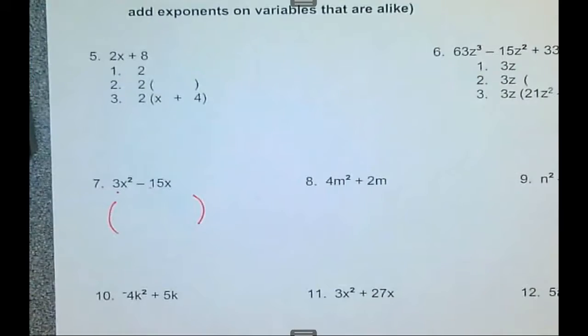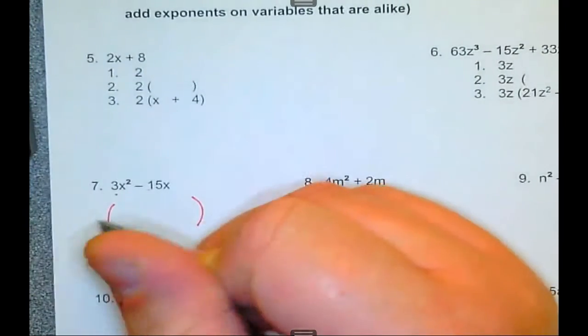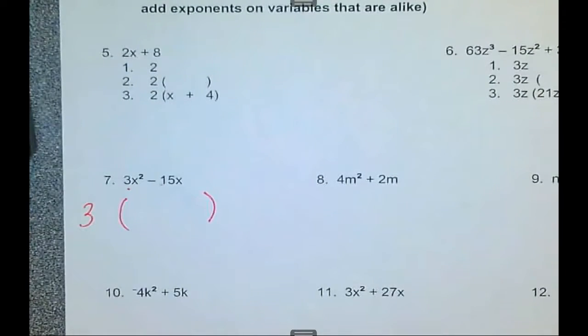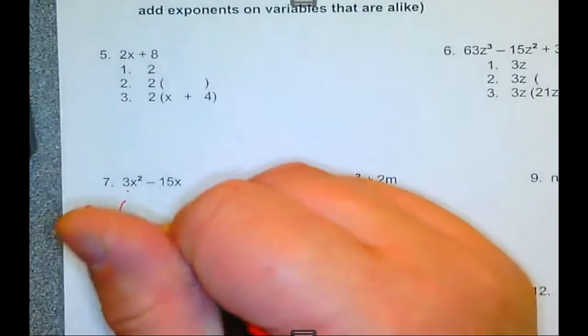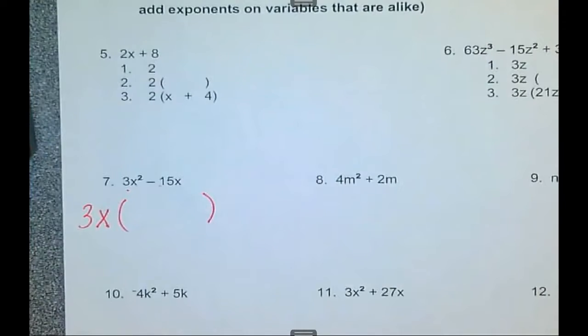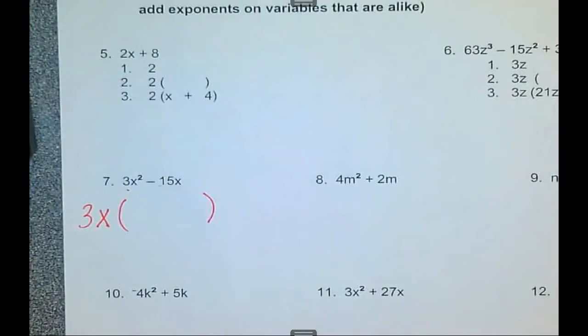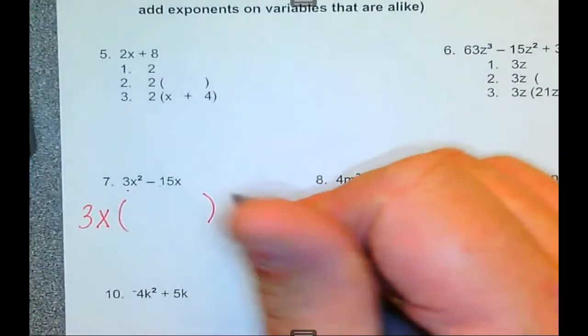3 and 15, the greatest common factor is 3. Now, how many x's can I take out of each term? 1x. Okay. Now what I'm actually doing here is I'm dividing, because they were multiplied at one time, so now I'm dividing each term to undo the multiplication.